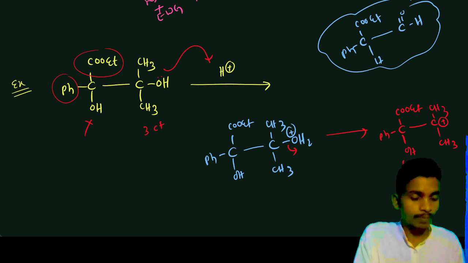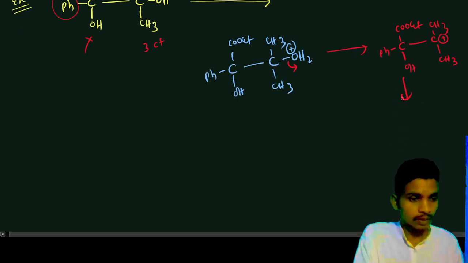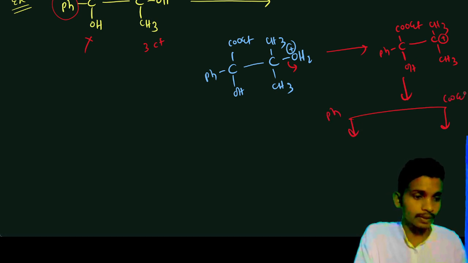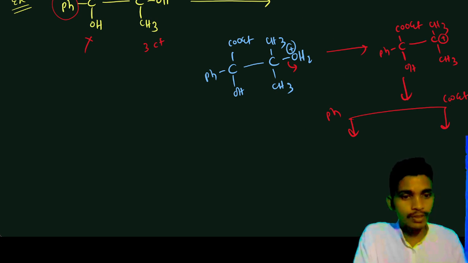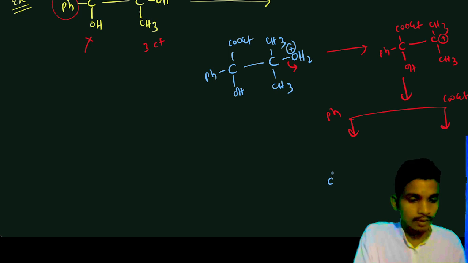So now what will happen? Yes, now we will look at whether Ph will shift or COOEt will shift. Okay, here if you are confused about migratory aptitude, shift both things, Ph and COOEt. So if Ph will shift, then what will we get? So COOEt, and here we have OH.